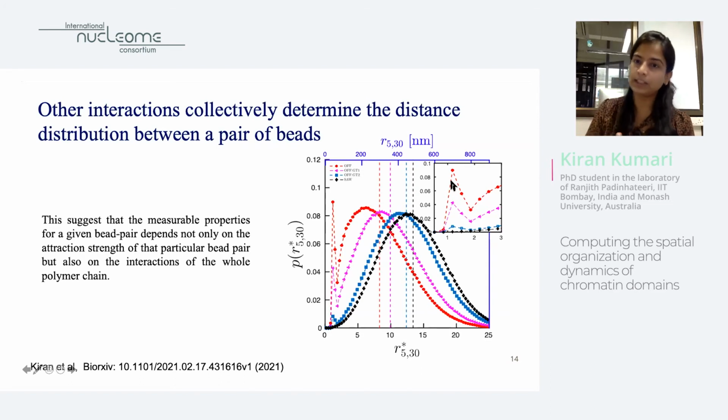But having the same interaction strength and perturbing only the interaction strength of the neighboring bead pairs or the other bead pairs in the system, the height of the interaction-driven peak is also changing. This is indicating that the measurable properties for a given bead pair depend not only on the attraction strength of the particular bead pair, but also on the interaction of the whole polymer system.